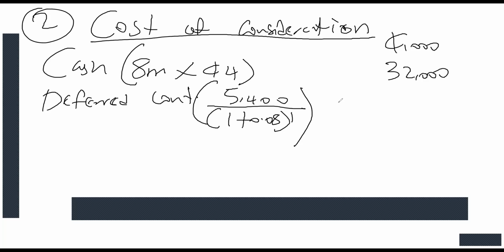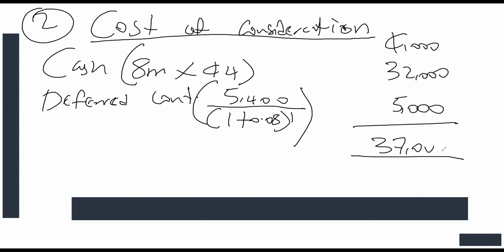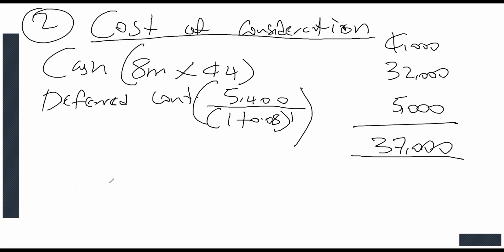Sir, please, you get 5,000. All right, so you put 5,000 in here. That's all. So the purchase consideration is 37,000.